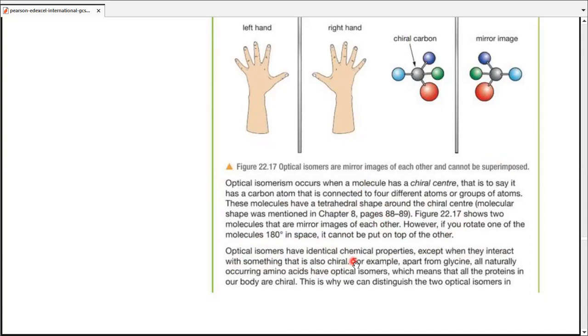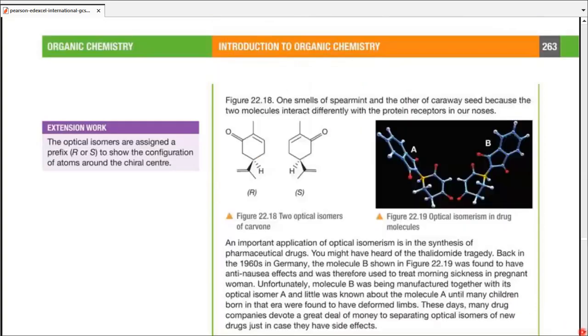When they interact with something also chiral, they tend to show a different set of properties. For example, apart from glycine, all naturally occurring amino acids have optical isomers, which means all the proteins in our body are chiral. That is why we can distinguish the two optical isomers in our body separately.